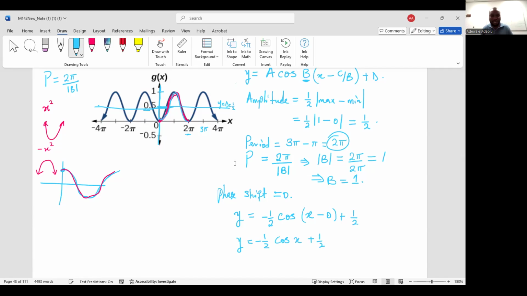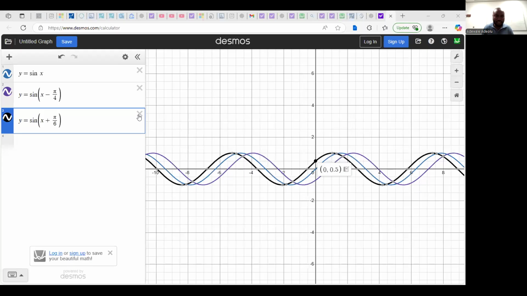Let us try to graph this in decimals and see if we would have the same thing. I will stop sharing this and I will share my decimals. Okay, let me clear this now.